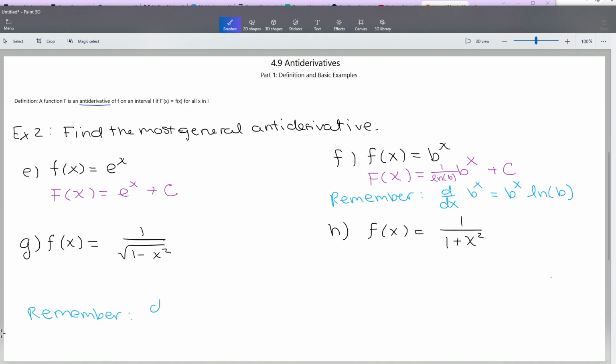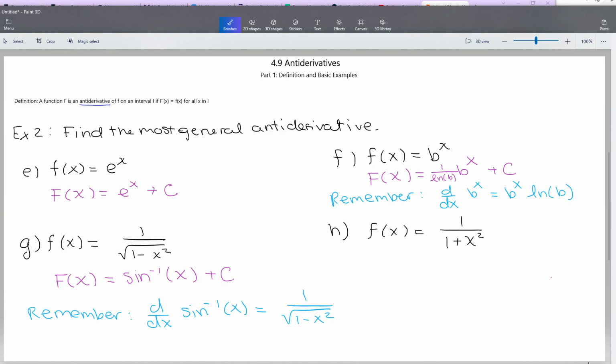Okay, so remember, when you look at the derivative of sine inverse, okay, the derivative of sine inverse is 1 over square root of 1 minus x squared. Okay, so we recognize this as the derivative of sine inverse. So its antiderivative is sine inverse. Okay, and then we have our plus c because we know that our constant doesn't affect the derivative.